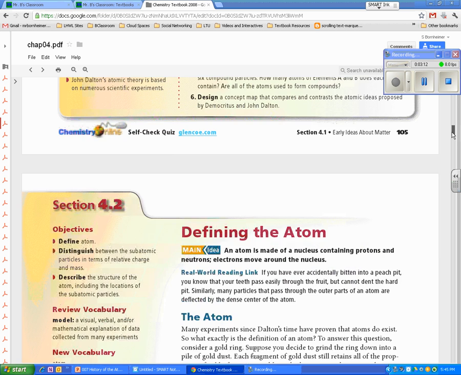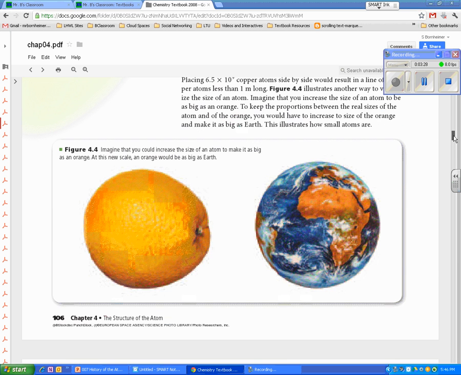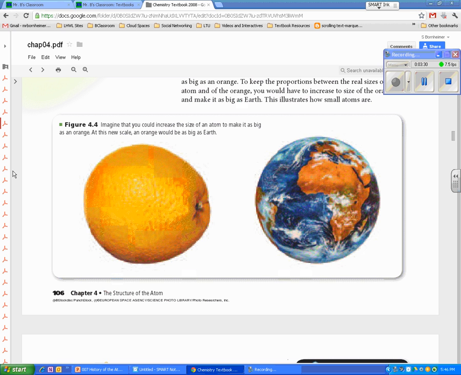So some of the things that you should be thinking of when we're talking about the history of the atom. Now, the real issue with Dalton was how are we to define an atom? What really is an atom? And we talked a little bit about Sir William Crookes and J.J. Thomson. It was thought that if you increase the size of an atom to make it as big as an orange, then an orange would become as big as the Earth, to give you perspective on how small atoms are.